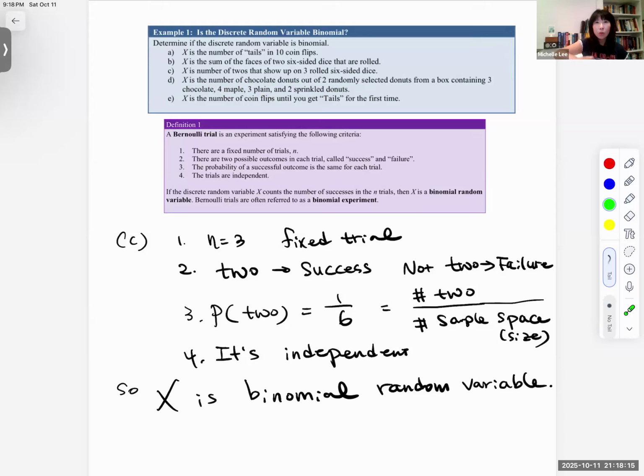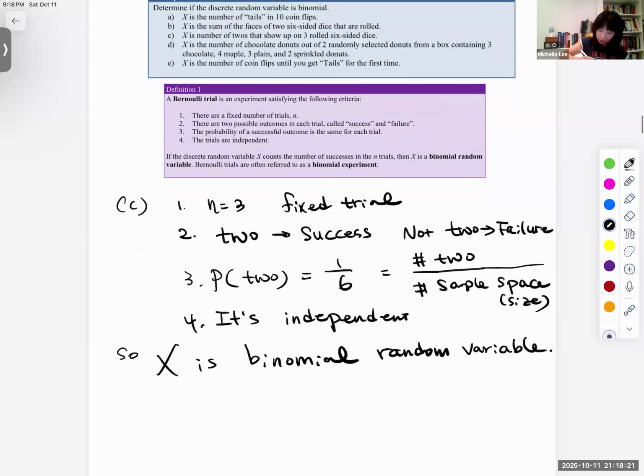What is called the fixed trial? Just 2? Okay, number 2. What's the success?